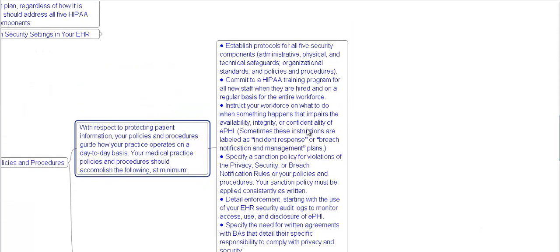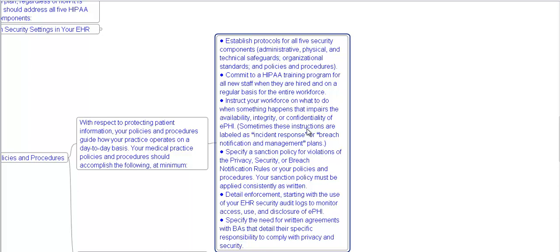Establish protocols for all 5 security components: administrative, physical, and technical safeguards, organizational standards, and policies and procedures. Commit to a HIPAA training program for all new staff when they are hired and on a regular basis for the entire workforce. Instruct your workforce on what to do when something happens that impairs the availability, integrity, or confidentiality of ePHI. Sometimes these instructions are labeled as an incident response or breach notification and management plan.